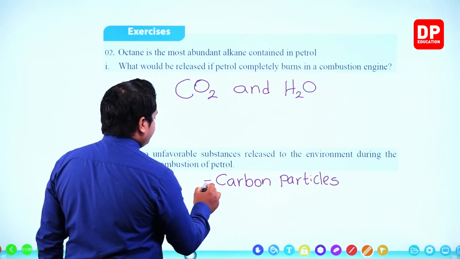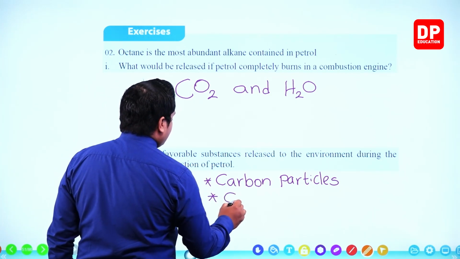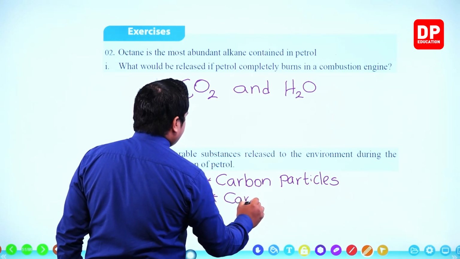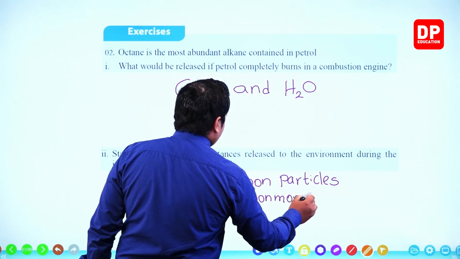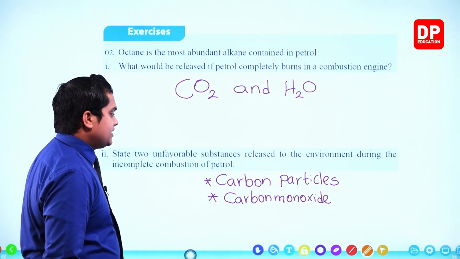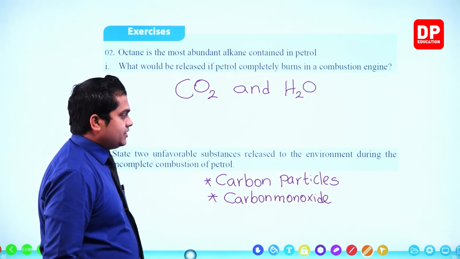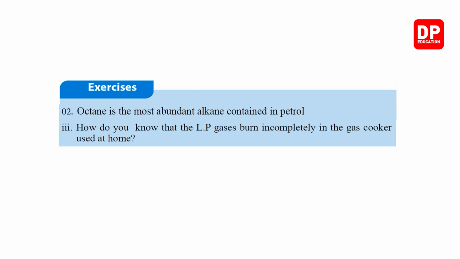Then, my dear children, if there is less oxygen gas, then carbon monoxide will be emitted. So carbon particles and carbon monoxide are the two unfavorable substances. Right.